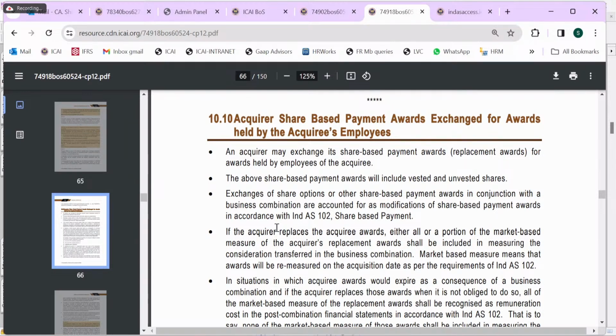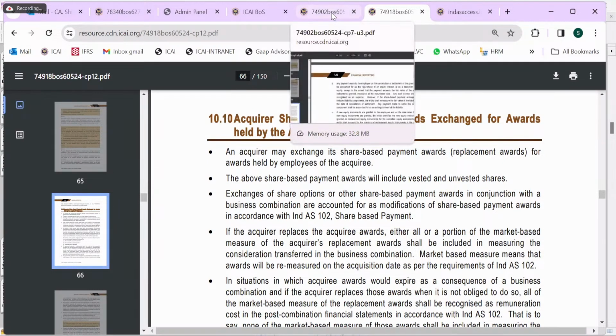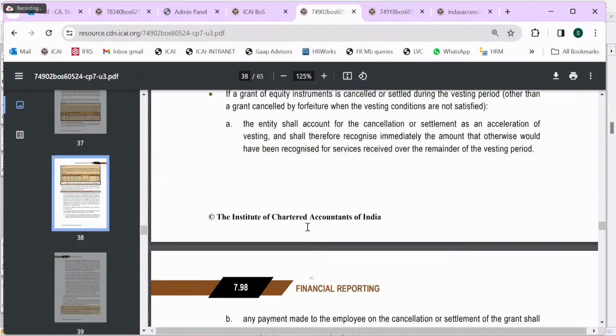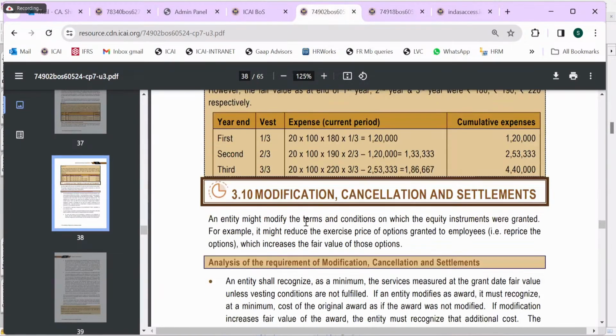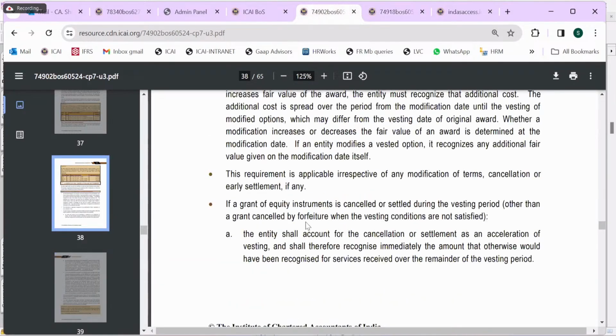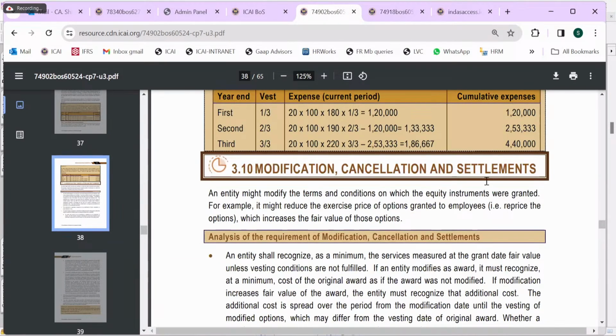However, for the convenience of the students studying this chapter, we have reproduced the provisions of 102 here also. So instead of going to 102, I'm reading it here. However, if you wish to go through Ind AS 102, then chapter 7, which is in your module 2, unit 3, is on Ind AS 102, and 7.98 deals with modification, cancellation and settlement.